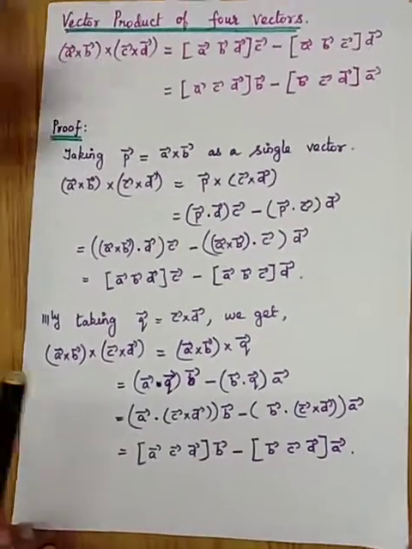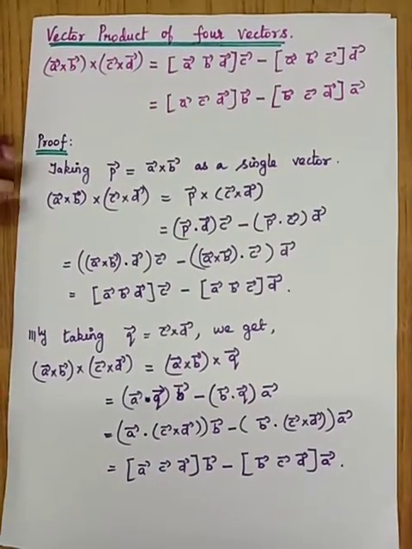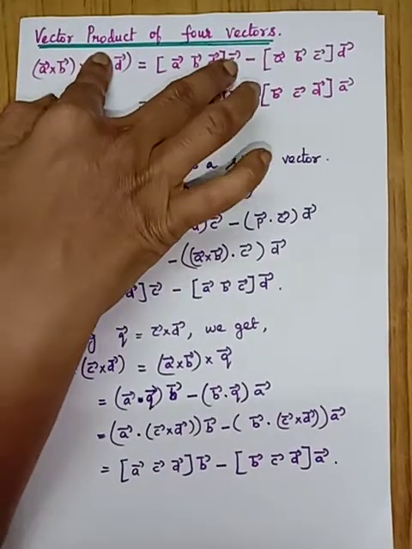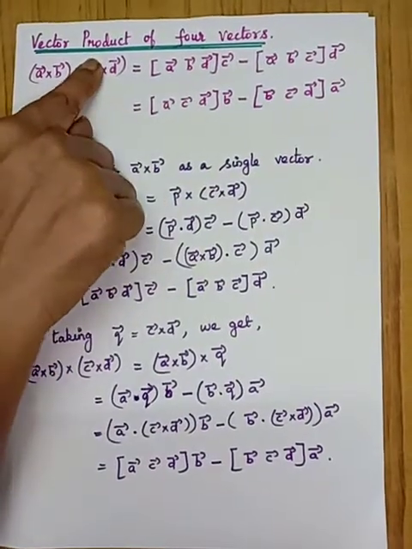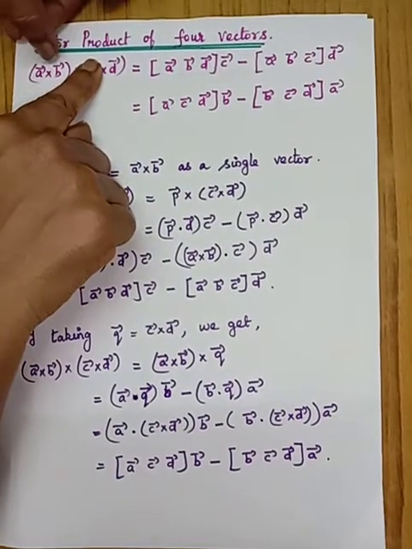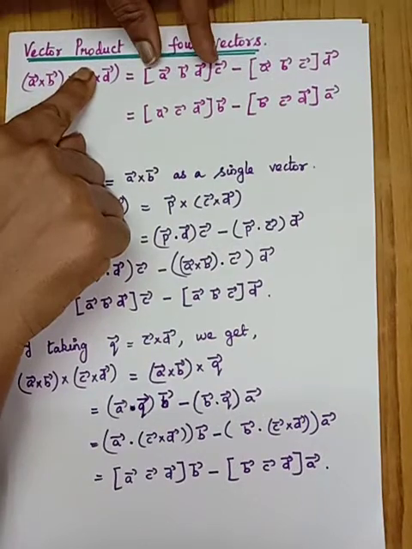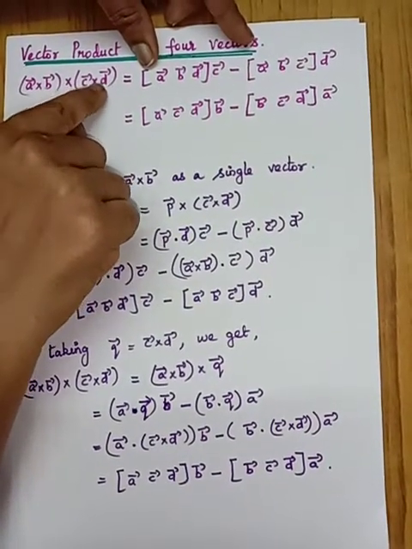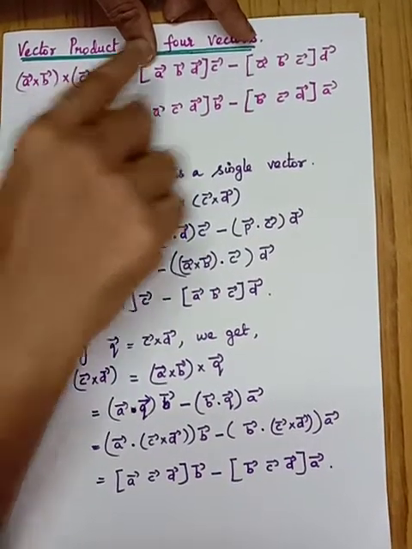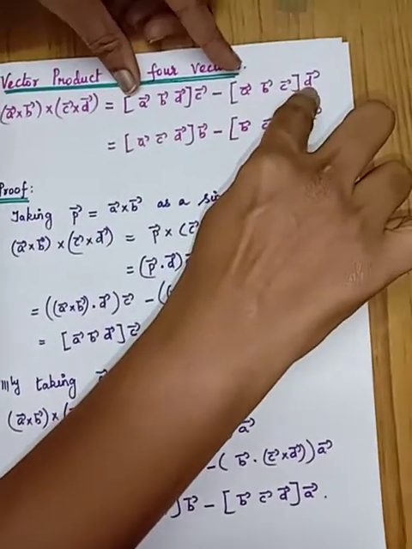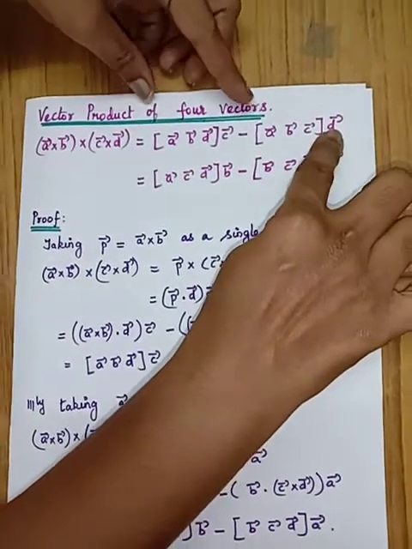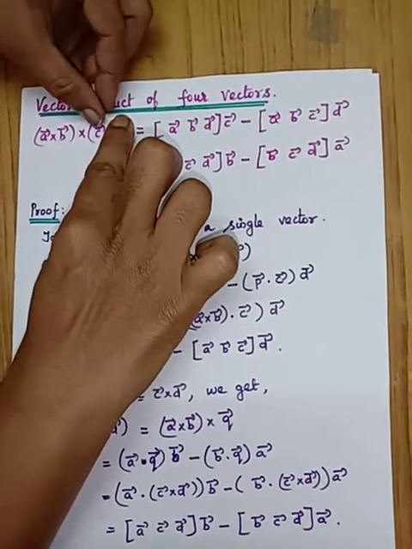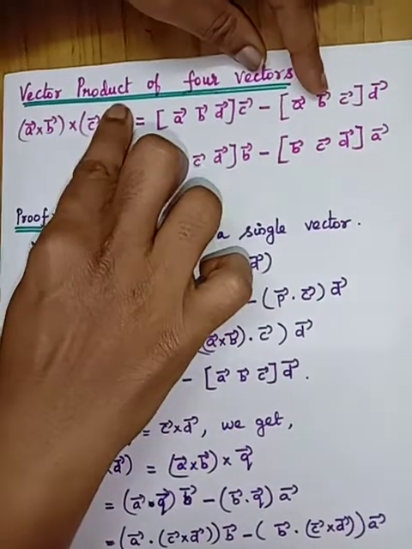Okay, so you see how to remember this formula. First, if you write the third vector outside, the remaining 3 vectors should be written within the bracket. C vector is combined with D vector. So next term, you have to write the D vector outside. If D vector is written out, what is remaining? A, B, C. That has to be written within the bracket.